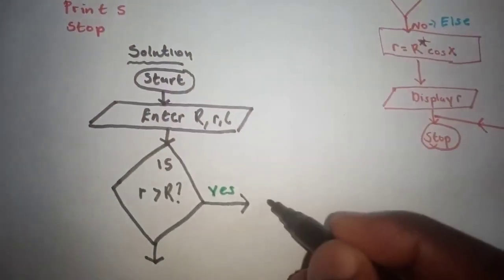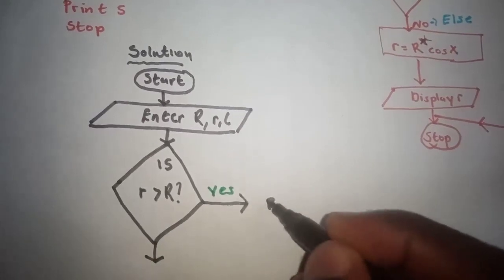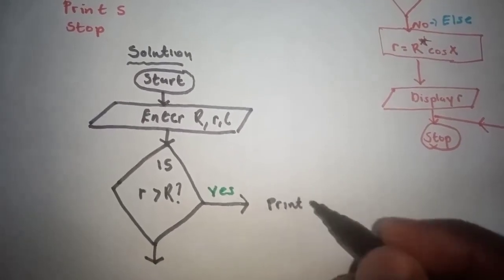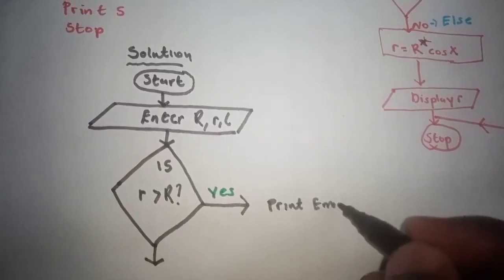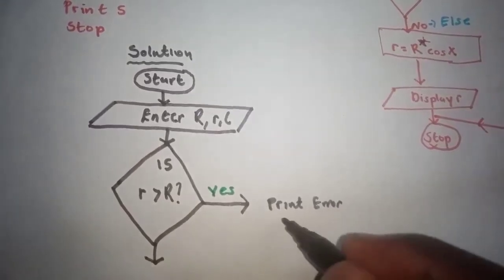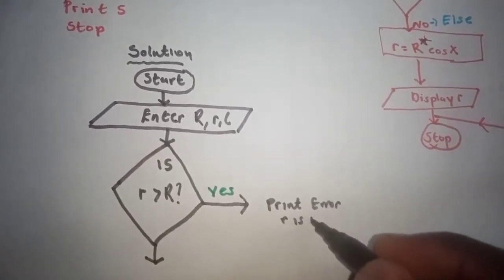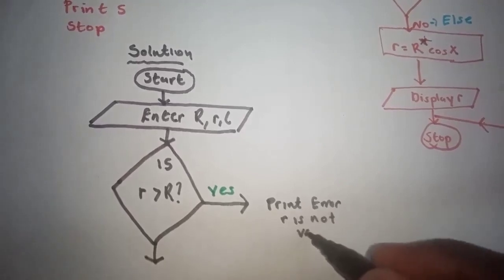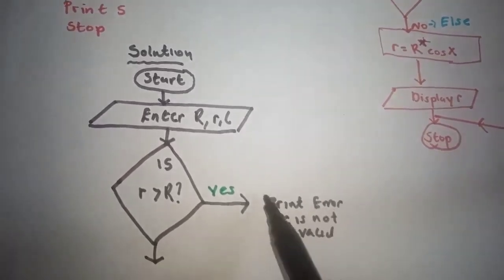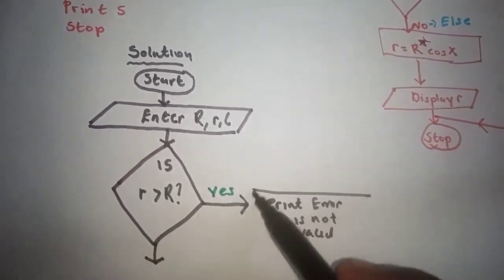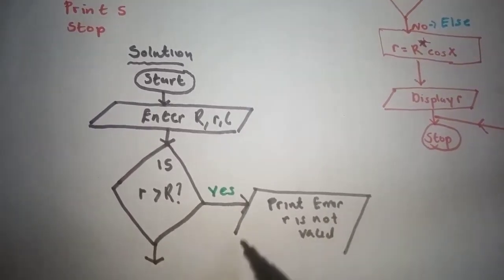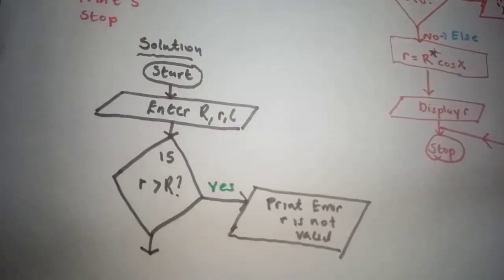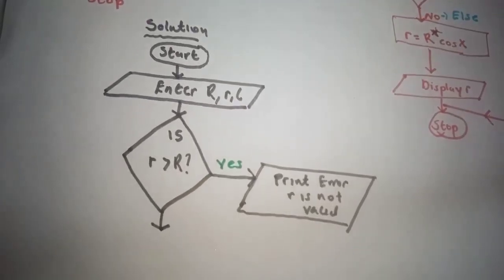So we say print error, R is not valid, just like this. Remember the shape is a parallelogram here.